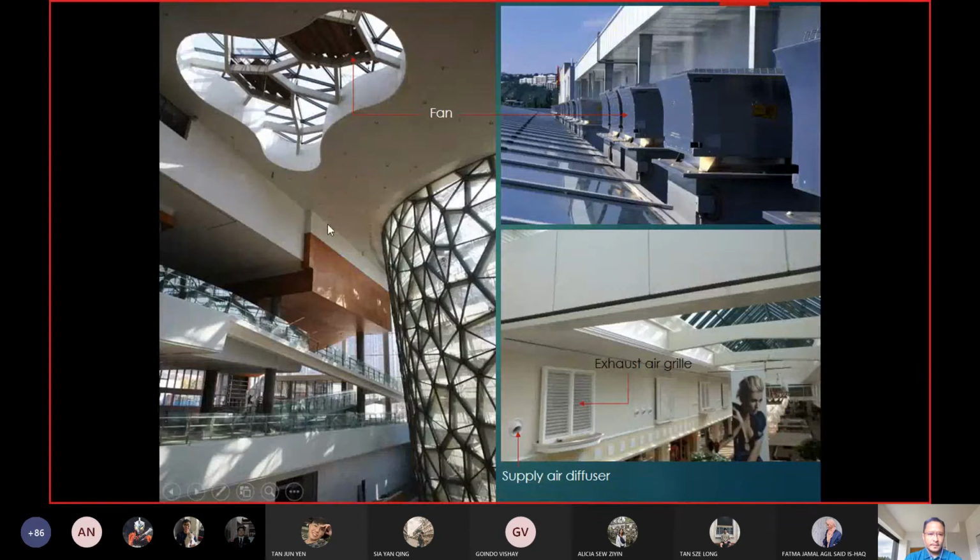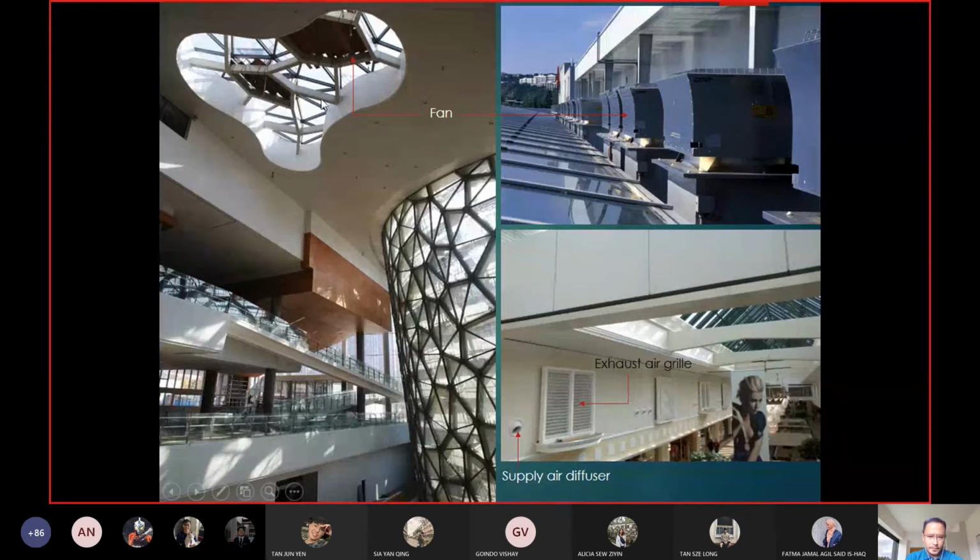I'm not sure if this structure forms part of the roof structure. I believe so, because there's a glass roof on top. So this structure is needed to support that glass roof, and at the same time, the opening or the holes within the structure, which look like a honeycomb structure, are used to place the exhaust fan.